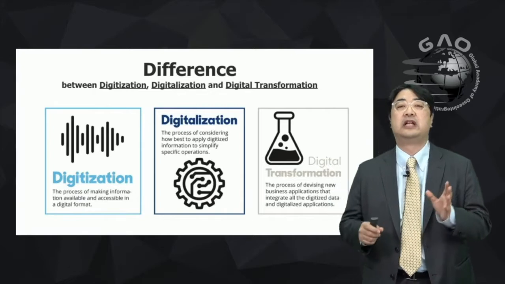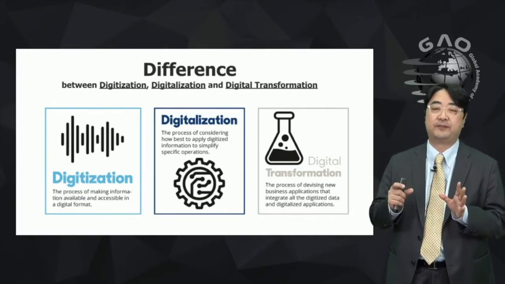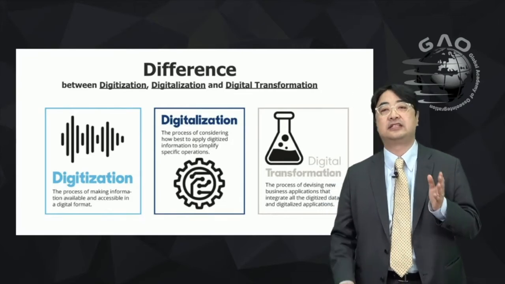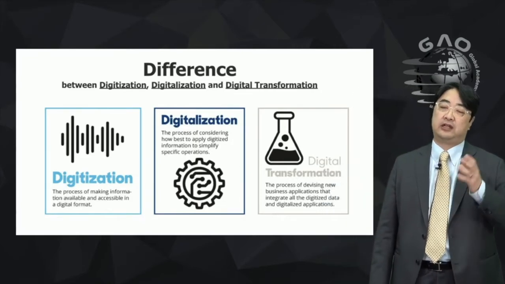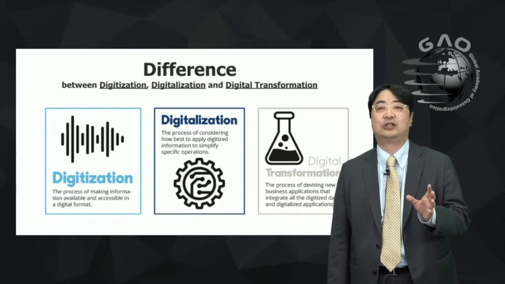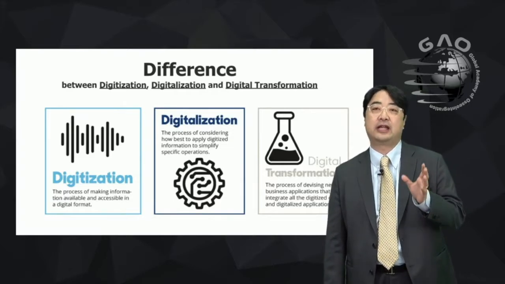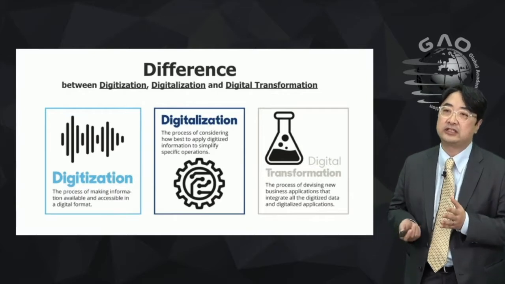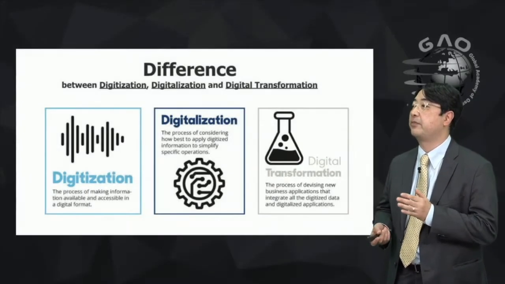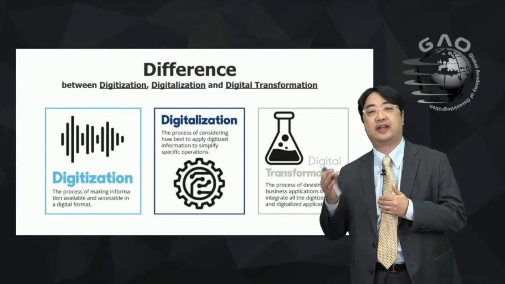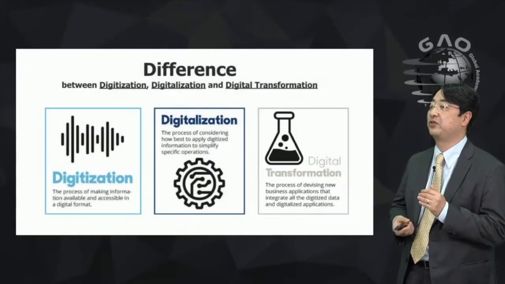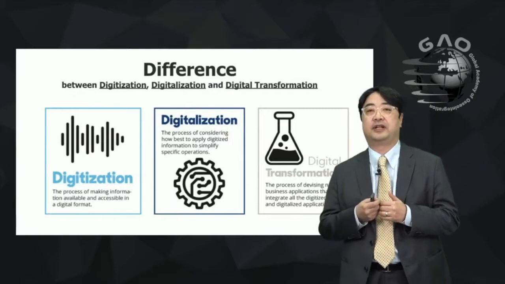For example, if you use an intraoral scanner to scan your patient's teeth, that's digitation. If you use those data in the CAD software, that may be digitalization. Digital transformation is about automated things. So we are in between digitalization and digital transformation in digital dentistry.